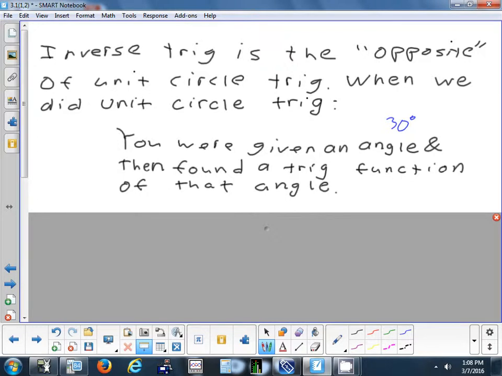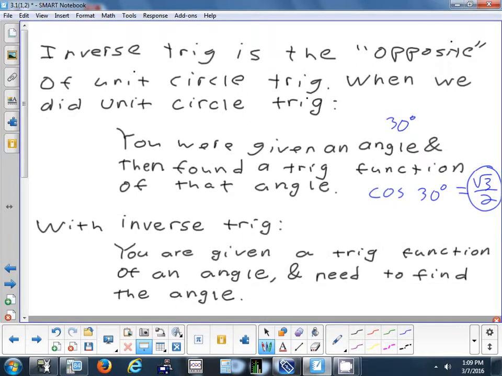Somebody pick one of the 6 trig functions. Cosine. And I said find the cosine of 30. Okay, and you draw whatever you have to do to look that up. Draw your diagram, make your unit circle. Cosine is the x value. And this would be the answer that I was looking for on the test. Okay, that's what we did last week. I gave you an angle, gave you a trig function. You gave me what I just circled.